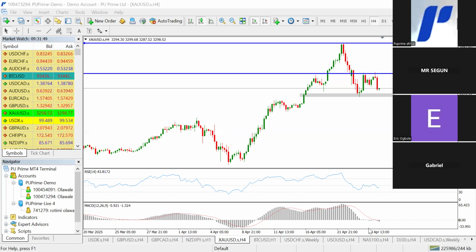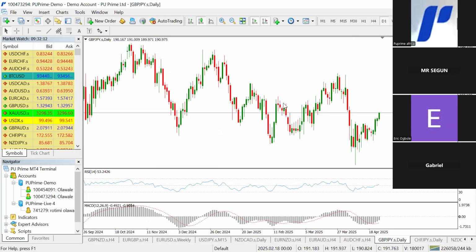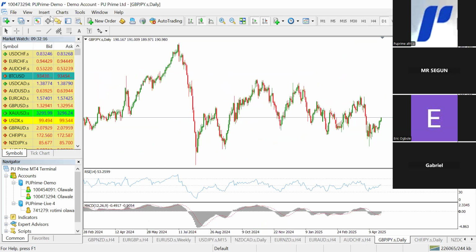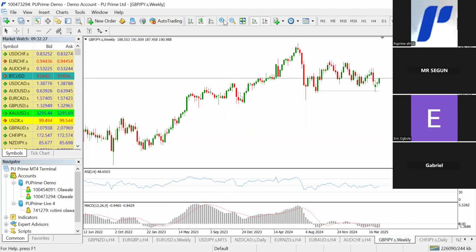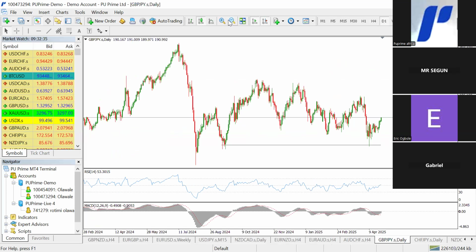Maureen is asking me to check GBP JPY. For GBP JPY, it looks like the trend is bullish, but there is no entry point at the moment.